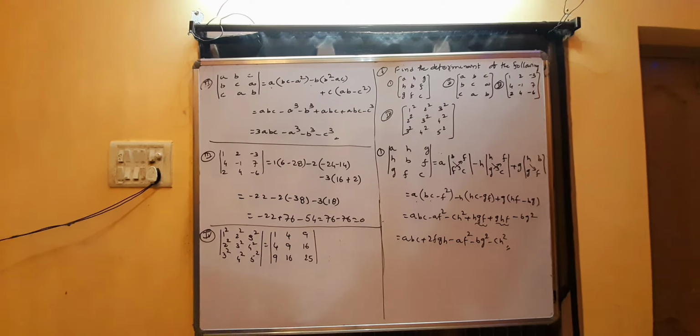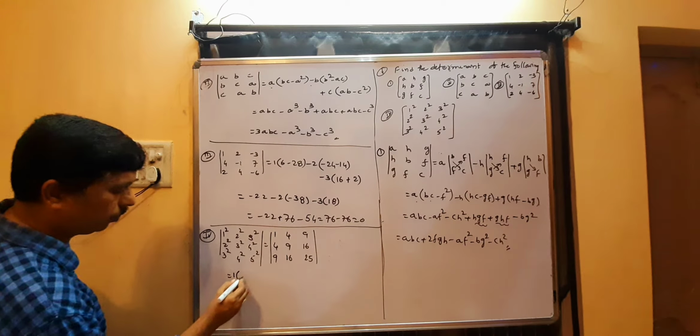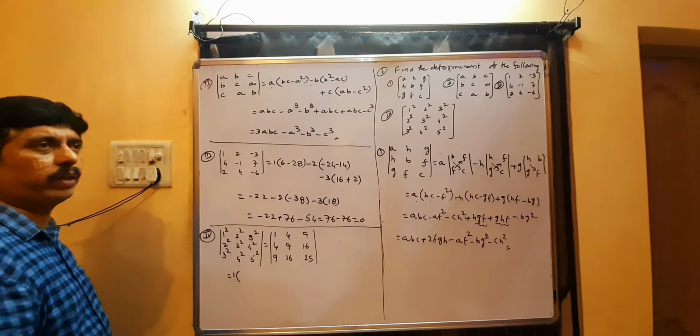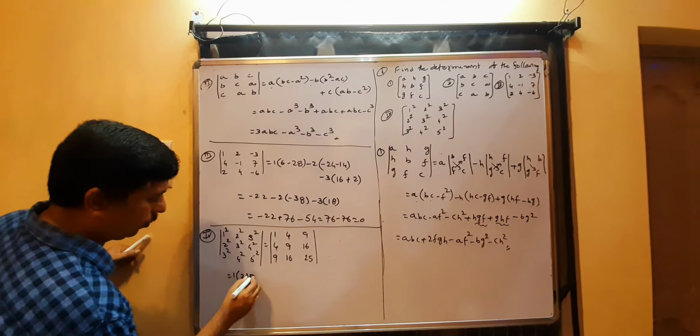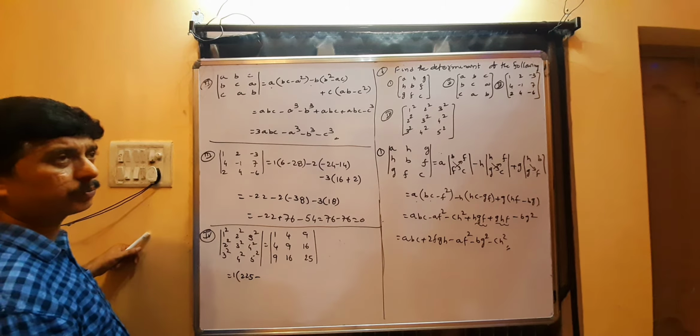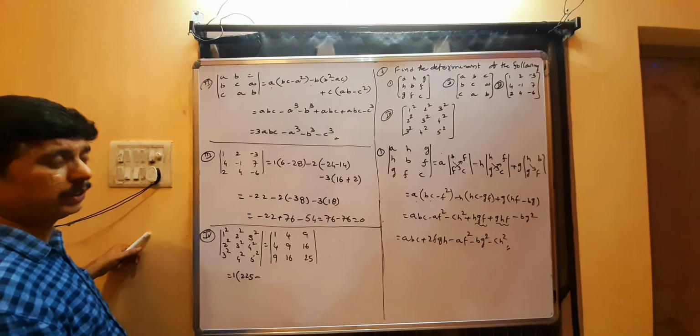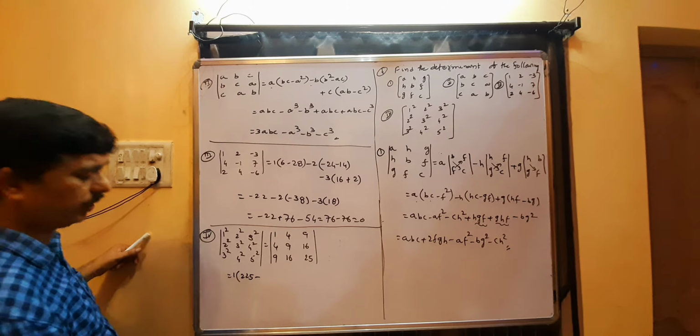So this is 1 into 9 into 25, which is 225, minus 16 into 16, which is 256.